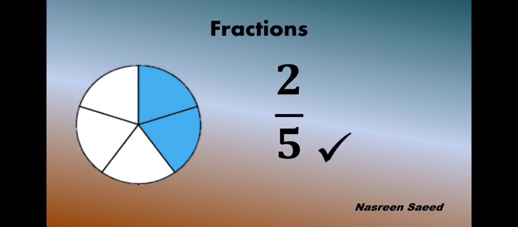So one whole circular disc is divided into 5 parts. Total how many parts were there? 5. And the number 2, that is the numerator, shows how many of these are colored or taken. So I hope you have understood fractions up till now.